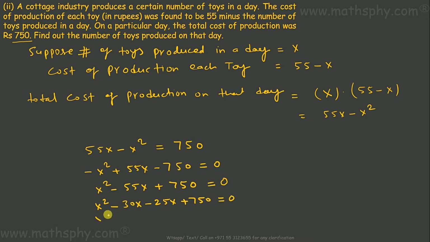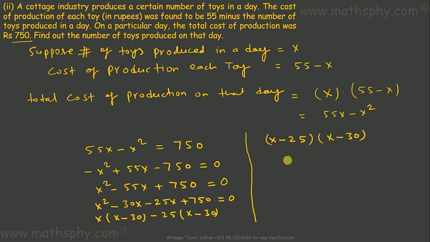X as common, this gives me x minus 30, minus 25 as common, this gives me x minus 30, so this will be x minus 25, x minus 30, so x can be 25, x can be 30.